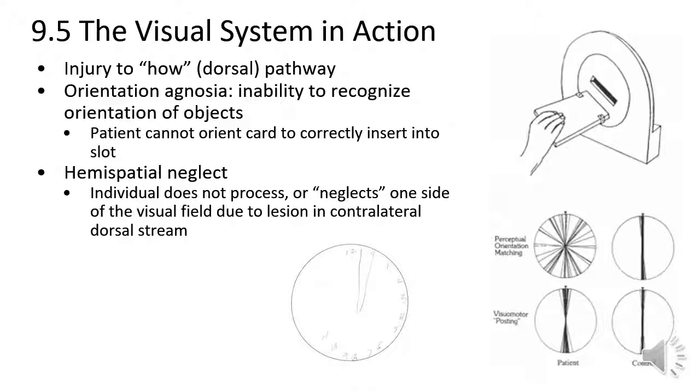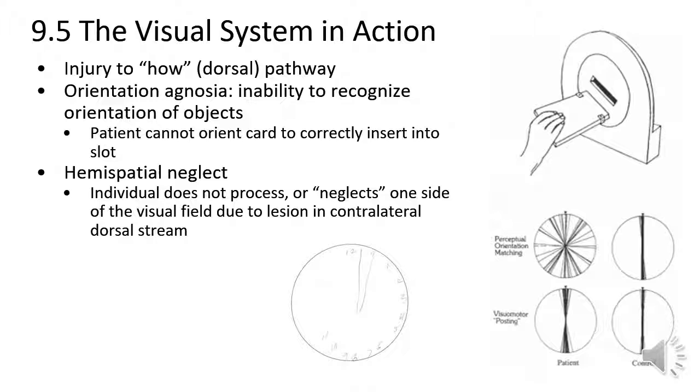This clock drawing is an example of a drawing you might see if you ask somebody with hemispatial neglect to replicate a clock. You show them a picture of a clock and ask them to draw this. They know that there's 1 to 12, but they literally just don't process, or it really seems like they just ignore, the left half of the picture altogether.